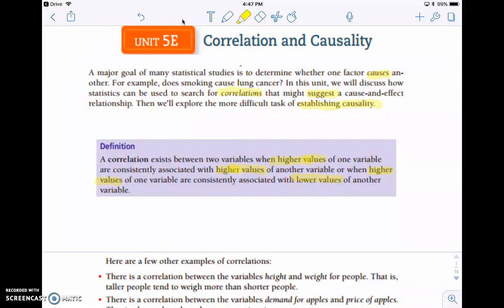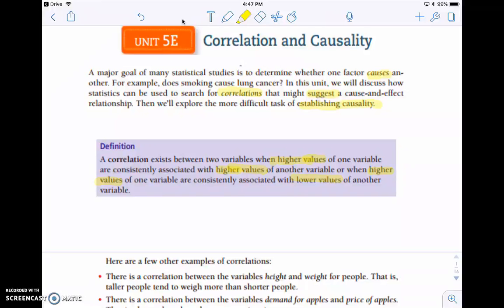So basically what we mean is one variable increases, the other variable increases, or as one variable increases, the other variable decreases. And that's what we're going to be looking at in establishing correlation.